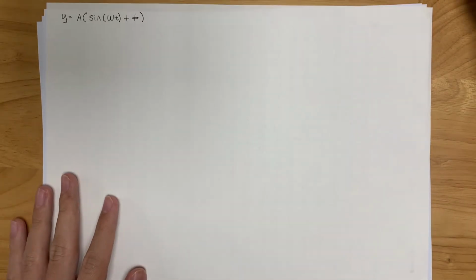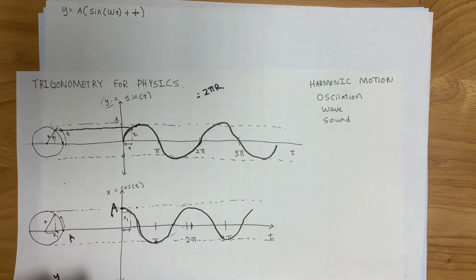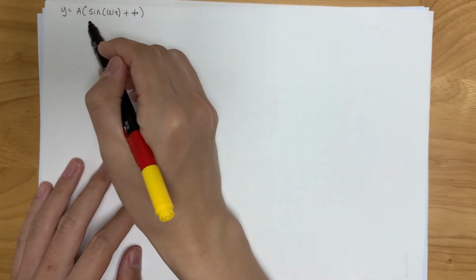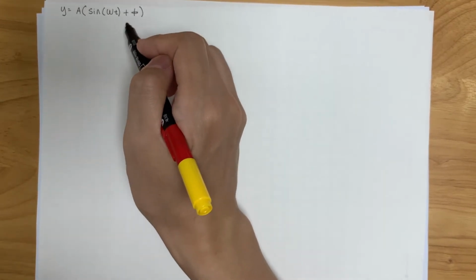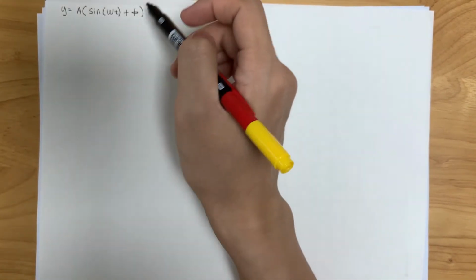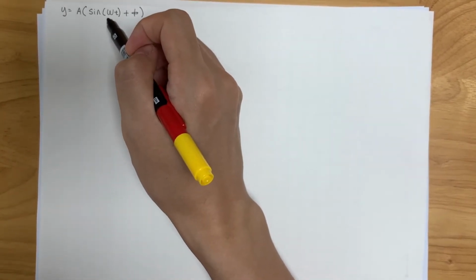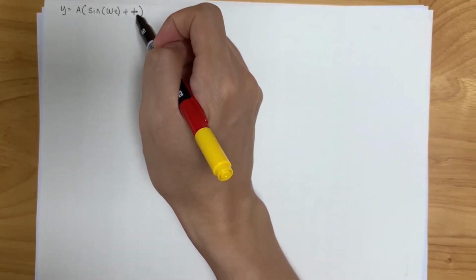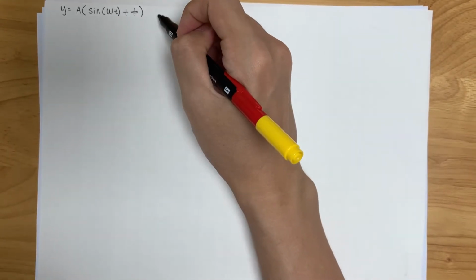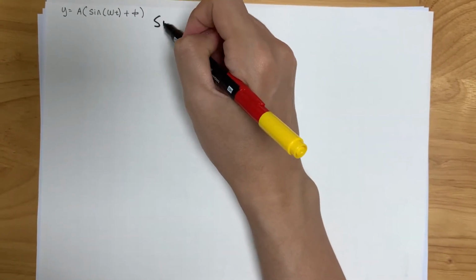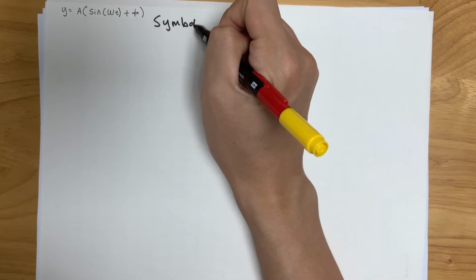So now here comes, actually I want to show this graph at the same time. No, I'll just draw it one more time. y equals A sine of omega t plus phase. It scares you with omega and phase, but these are just symbolic notations.